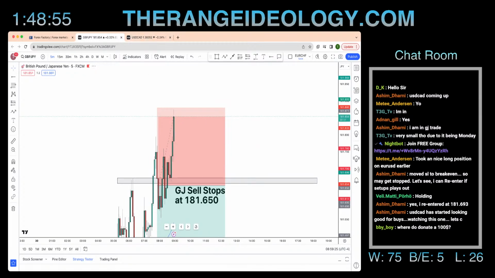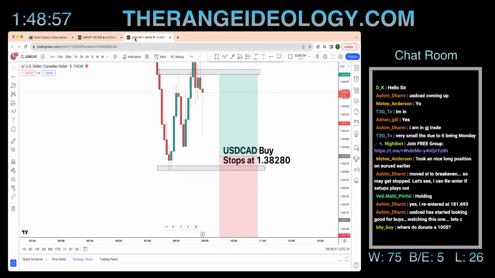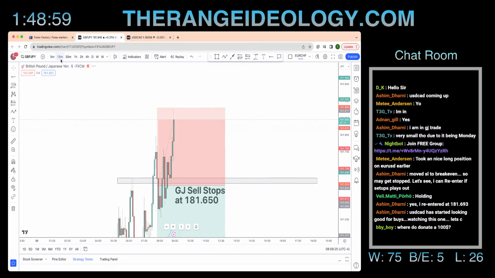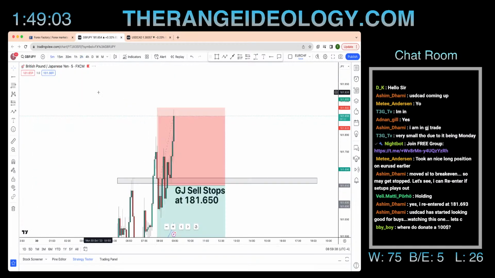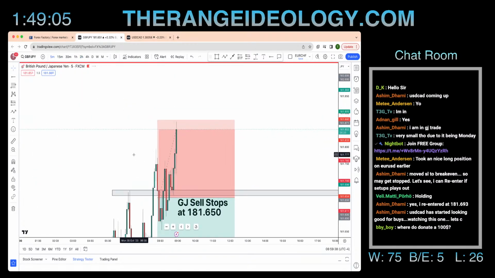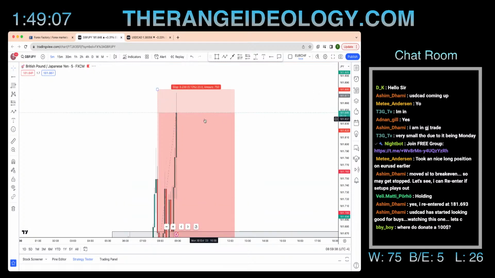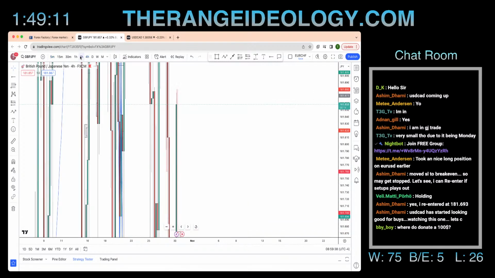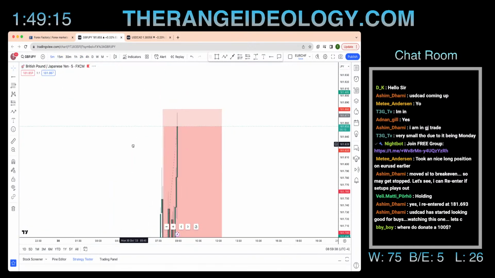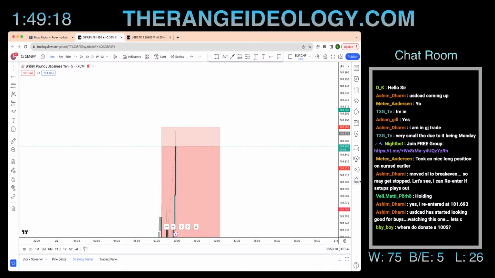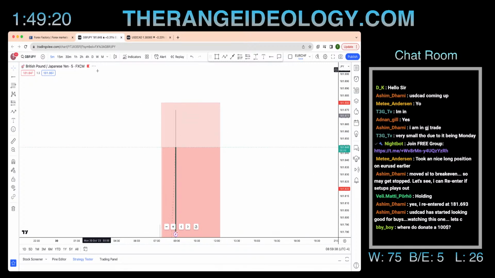All right, less than a minute left, guys. Let's see. See all the drama here. All right, seconds away from a 4-hour, 2-hour, 1-hour candle opening. But this again seems like a surefire stop-out trade here.